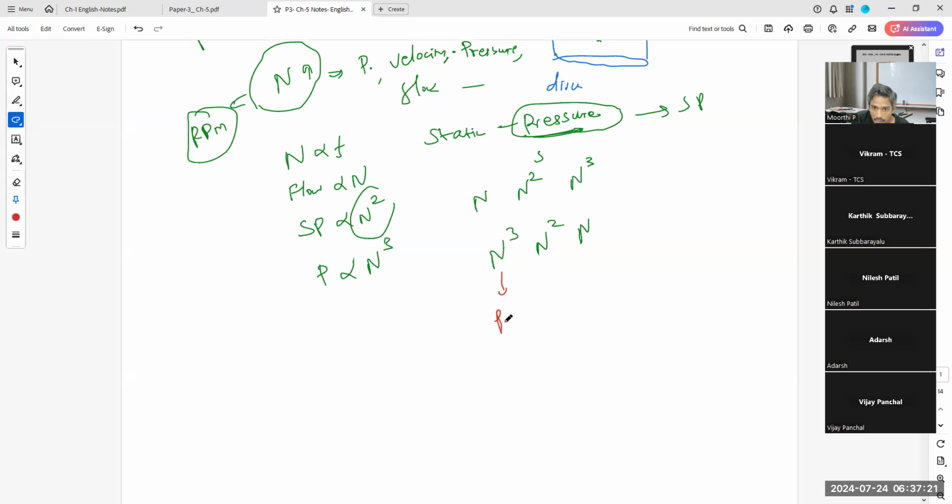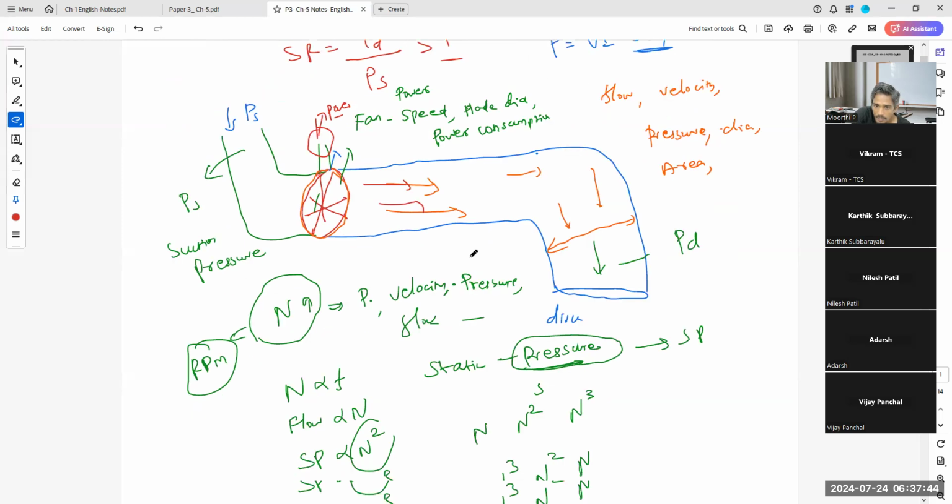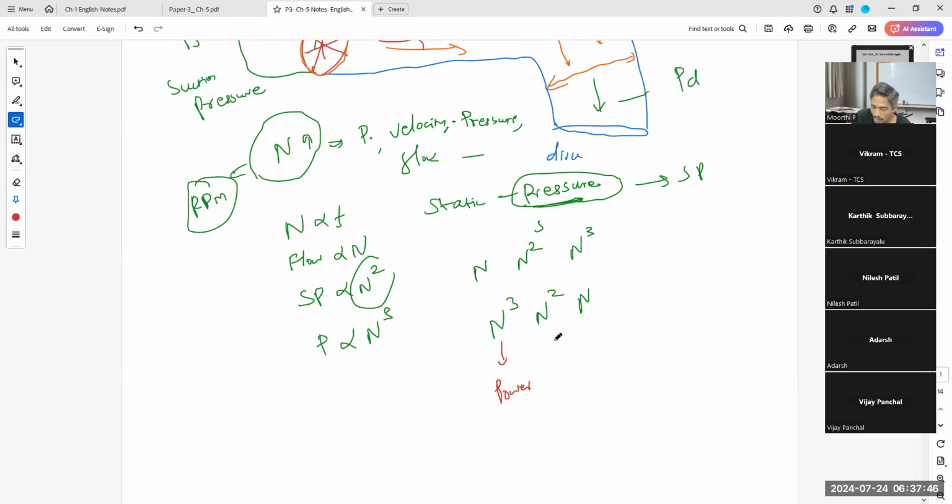Starting. Then next step, airflow. Here airflow creates static pressure. Here it creates the pressure. Then N cube reduces by one, going to N square. Then what will happen? N square, reduced one by one. You have to understand it like this. Static pressure.